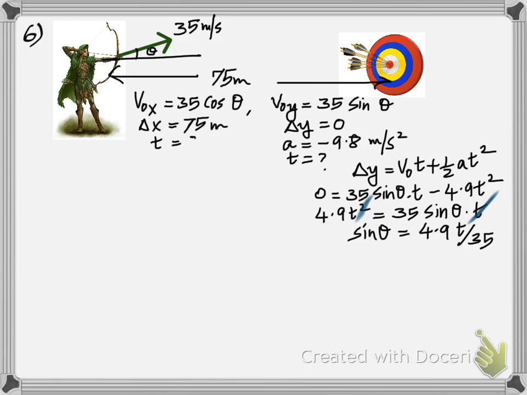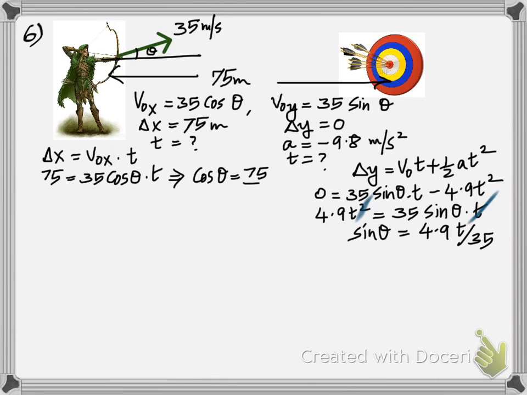Now on the horizontal you can only use one equation, which is the horizontal displacement is the product of the horizontal component of the velocity and the time. So now you could make cos theta the subject from that equation.